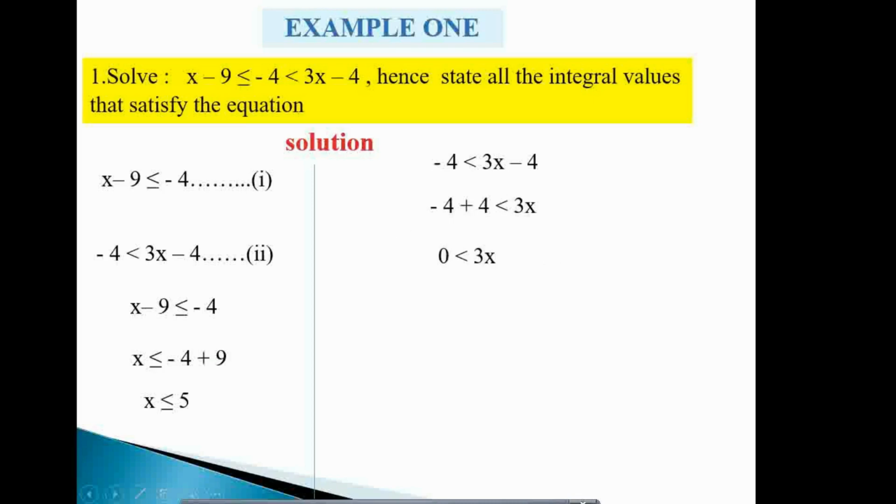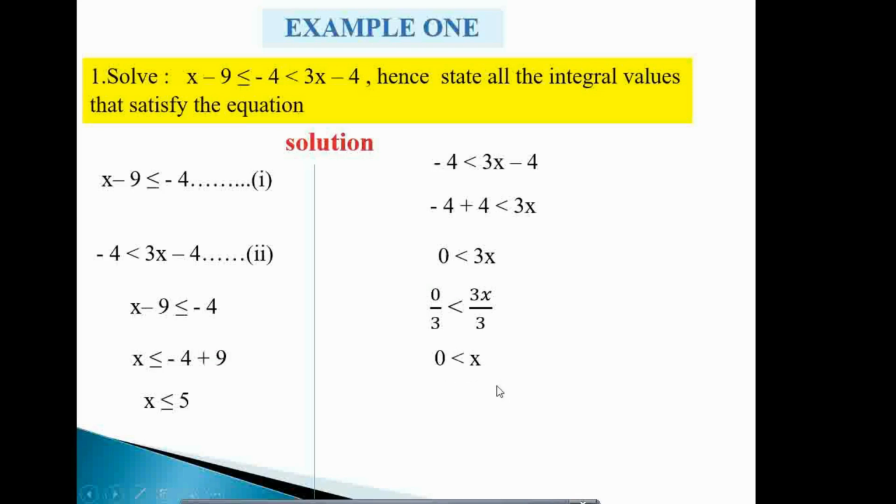Negative 4 added to 4 gives 0 this side, and then less than 3x. Then I can divide both sides by 3. So I'll have 0 over 3 less than 3x over 3, which gives 0 less than x.